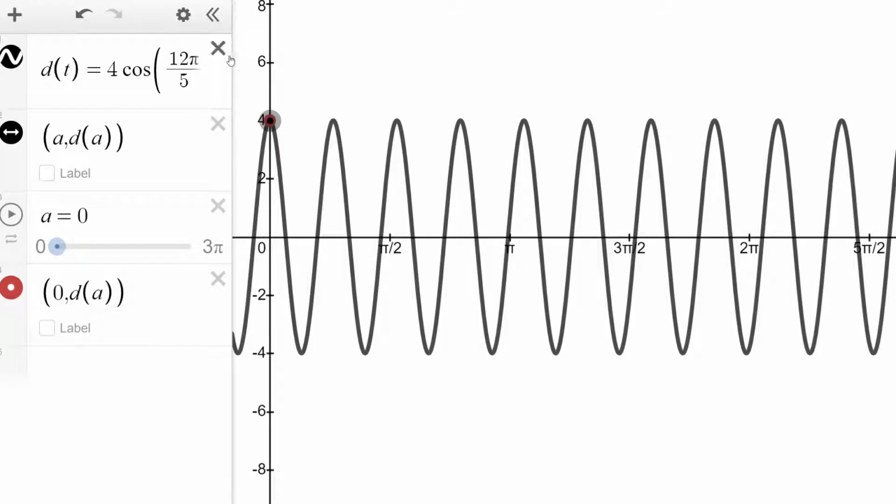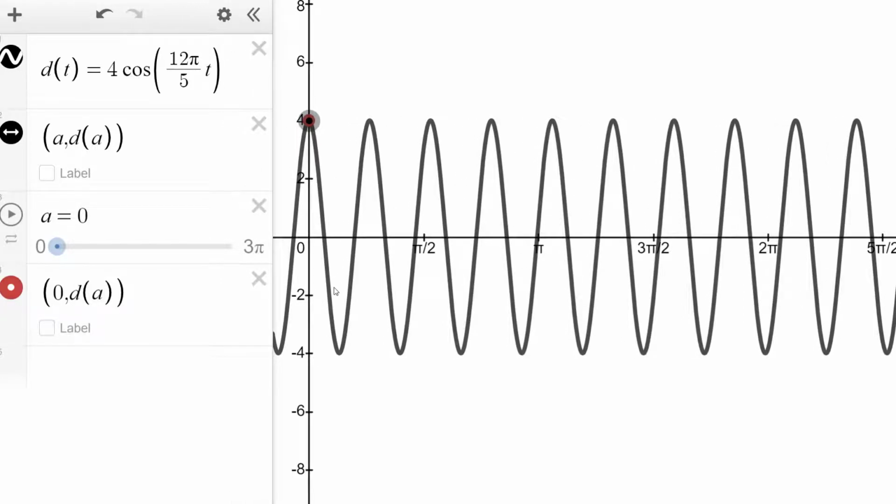Now, I've actually graphed it off to the side here. Let me just open that up to show you. So this is 4 times the cosine of 12 pi over 5 t. And remember, this is going to be upside down, honestly. It's upside down. So imagine that here's the block, and we pulled the stretch of spring out to this, and we're letting go. It's going to start oscillating. Here we go.